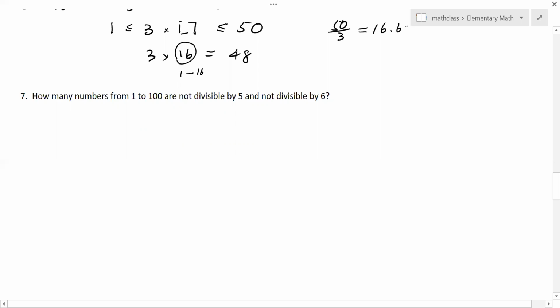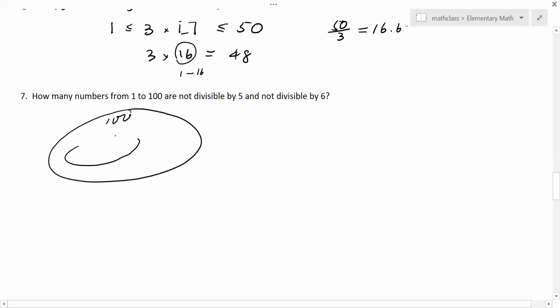The hint is, let me draw the picture here. This is a picture of the 100 numbers. You count those divisible by 5.